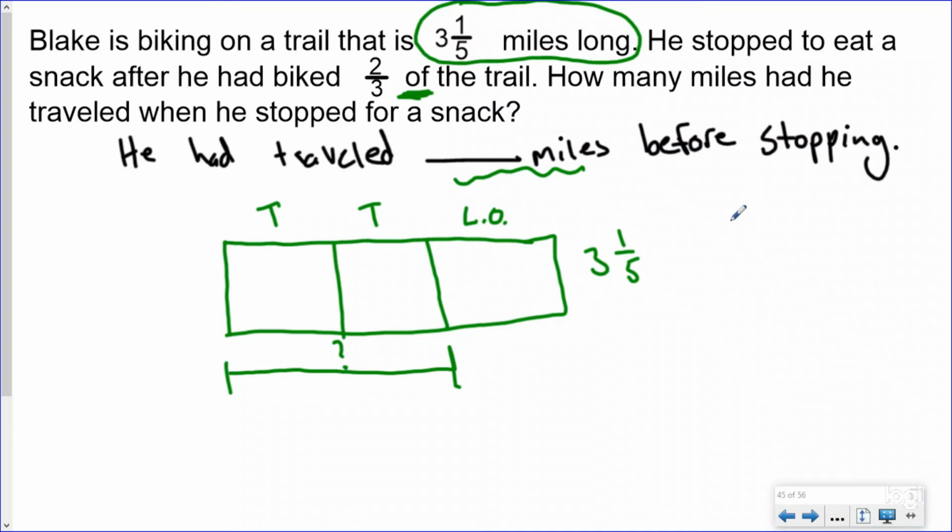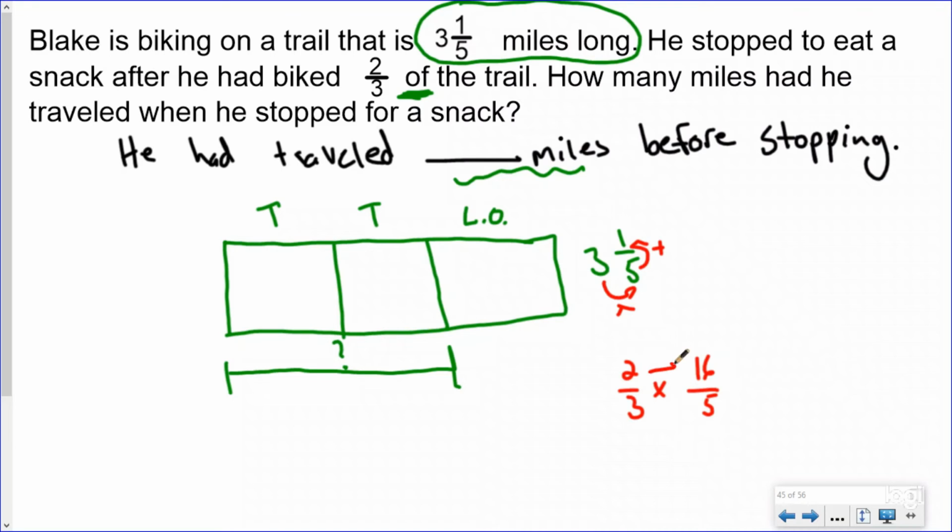So now, instead of trying to divide 3 1/5 into 3 groups, just like we would do with the whole number, now you can use your shortcut. You're trying to figure out what is 2/3 of 3 1/5. So you're going to do 2/3 times 16/5, because when I did my shuffle, I turned this into 16/5.